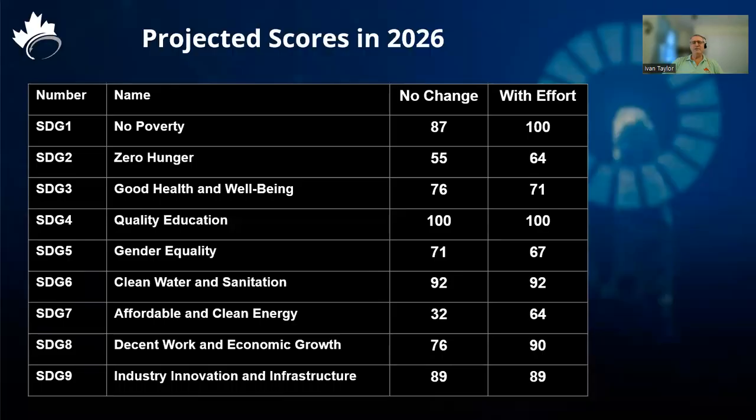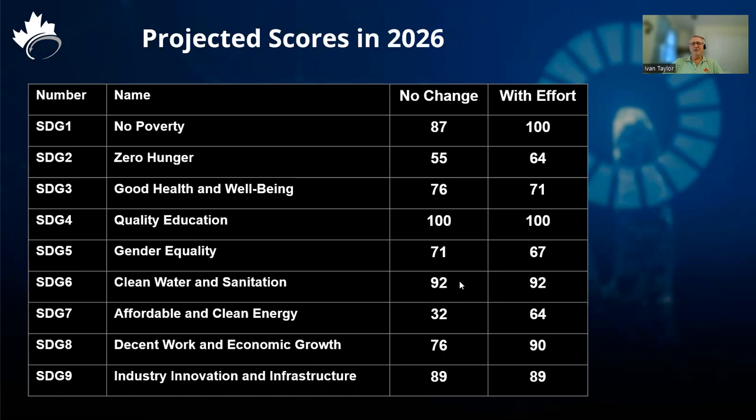And here's the results. So you can see that by working with the minimum scores and applying this effort, we can actually improve almost all of the other SDGs. Notice two small problems, that good health and well-being declines a little bit from the status quo situation, and gender equality declines a little bit from the status quo projection.